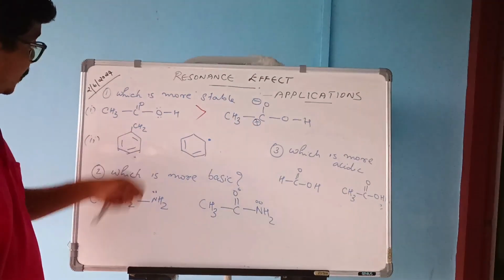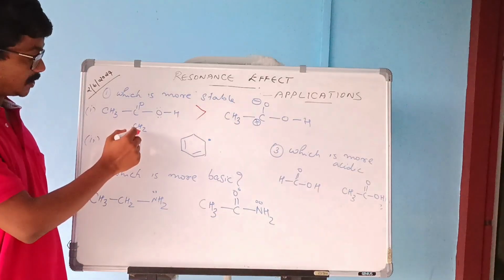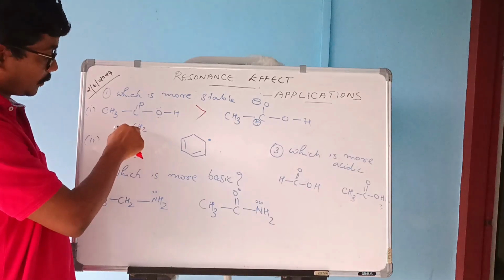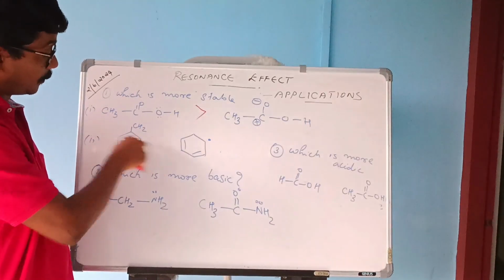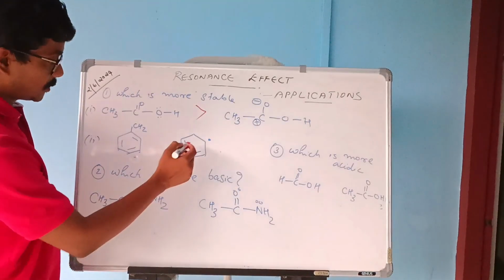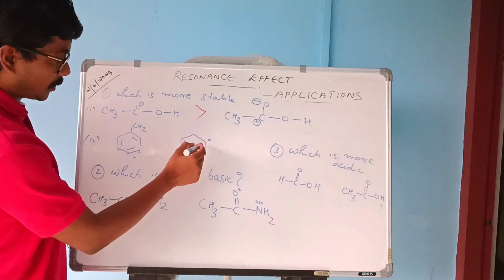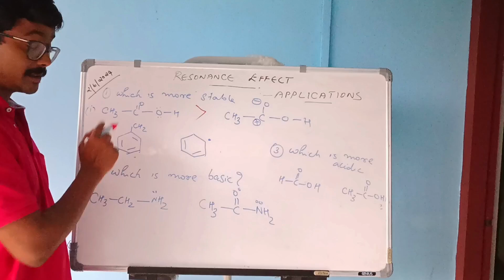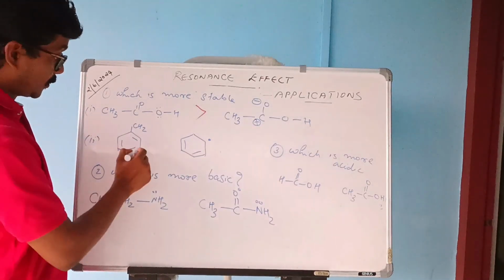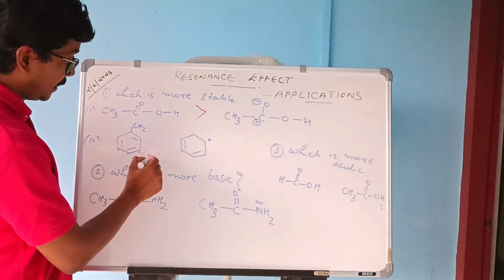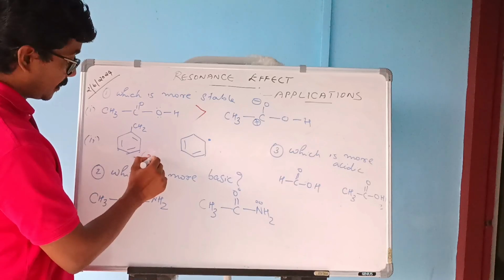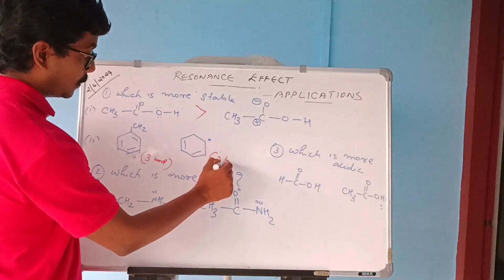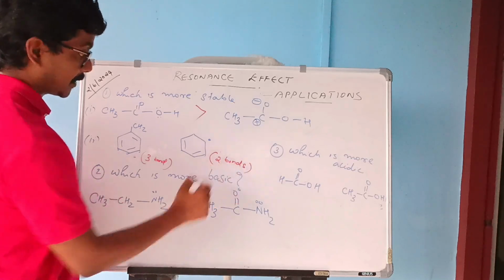And which is more stable here? This is a CH2 attached to an aryl group with a free radical on it. So there is a free radical and an odd electron alternating with double bonds, so resonance is possible here and here also. So the number of resonance structures is 3, because 3 pi bonds are there. Here, 2 resonance possibilities are there, 2 bonds.